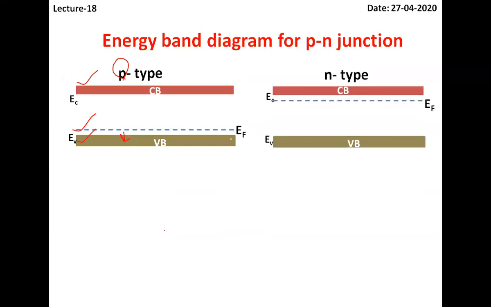Similarly, if we take n-type material, again there will be a conduction band and a valence band, and finally there will be a Fermi energy level which will be very near the conduction band.